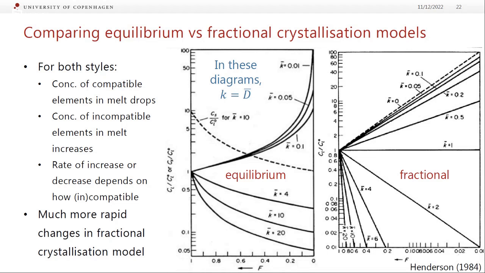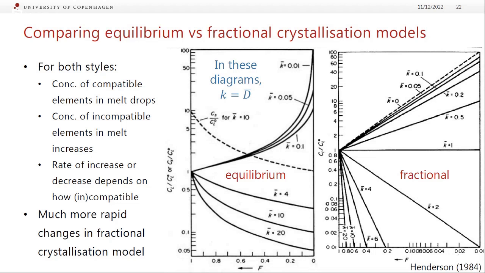It's gone. It's gone into the minerals and it's removed. So essentially this just drops really, really fast. For a highly incompatible element, as we're crystallizing, we're concentrating it in the melt as well. We actually end up at the same place in both of these.